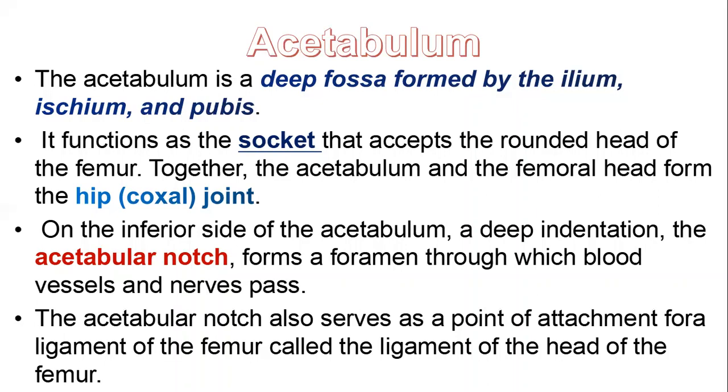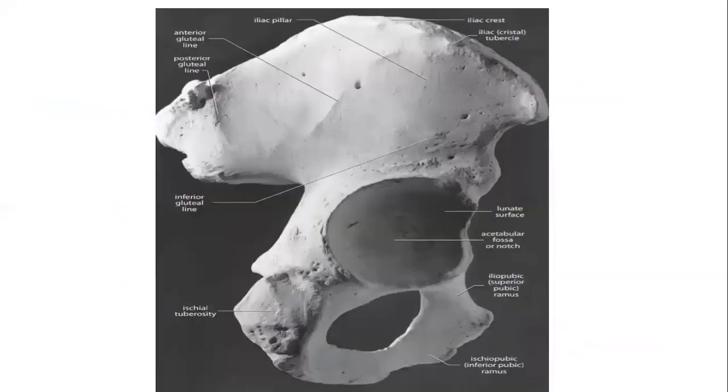So this is just a description of the acetabulum. We have the image right here. We have the acetabular fossa or the notch. We have the lunate surface. So this is where the head of the femur comes into contact with the hip bone.